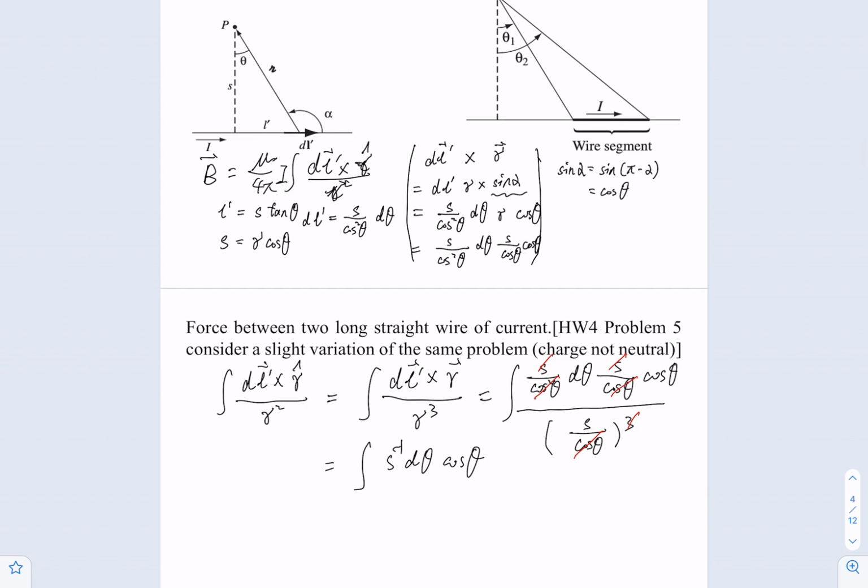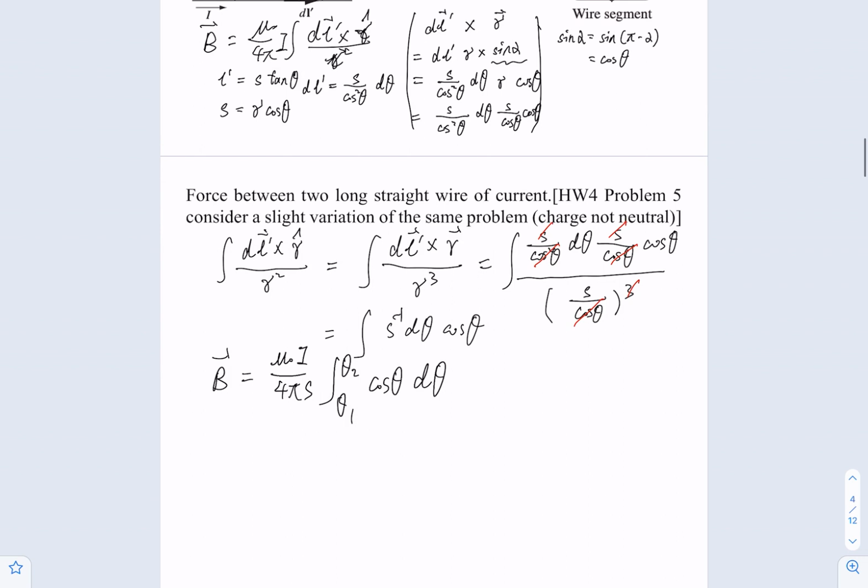So finally, B should be mu naught I over 4 pi times the integral from theta 1 to theta 2, and we can put the s in front, of cosine theta d theta.